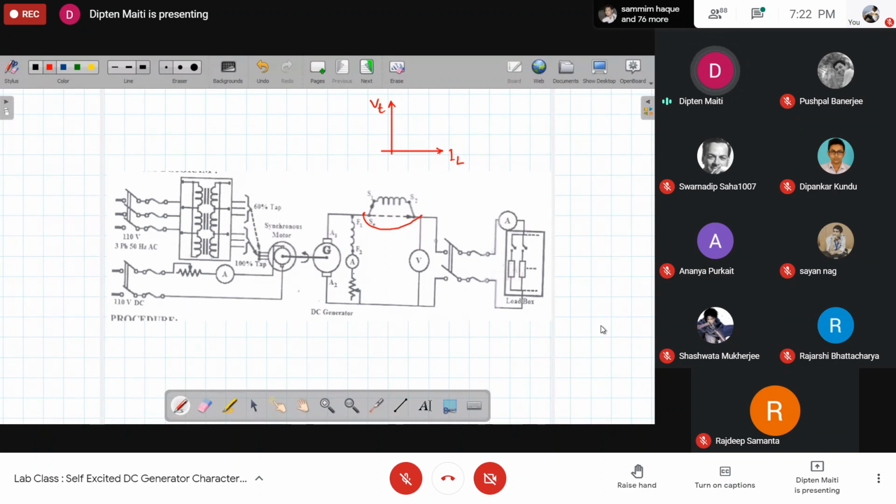For the shunt generator, as you know, the terminal voltage would be drooping in nature.